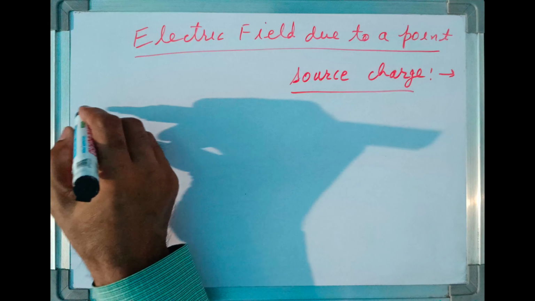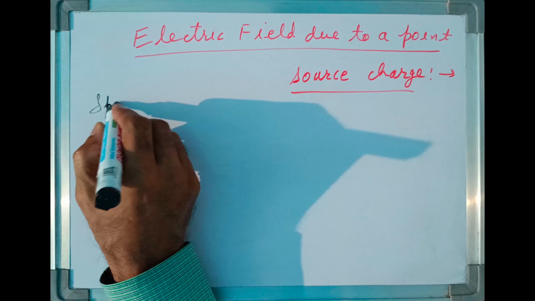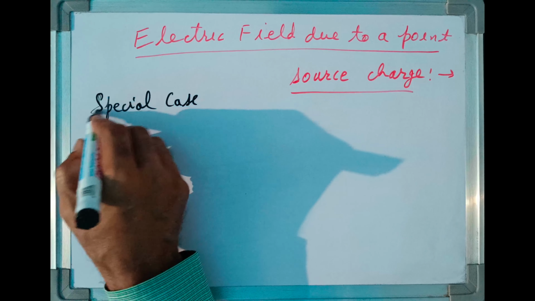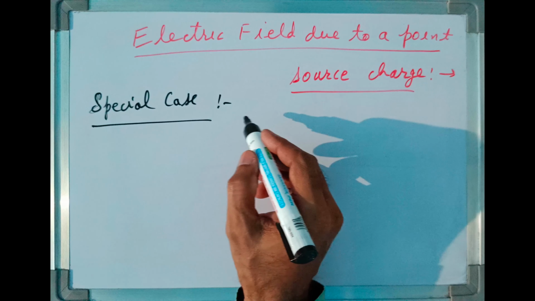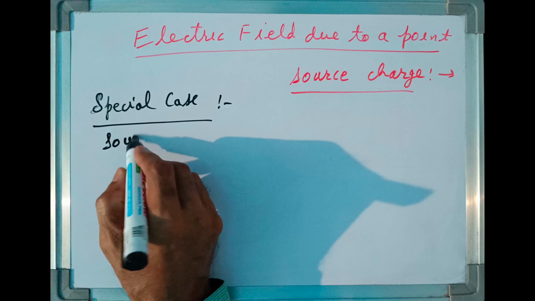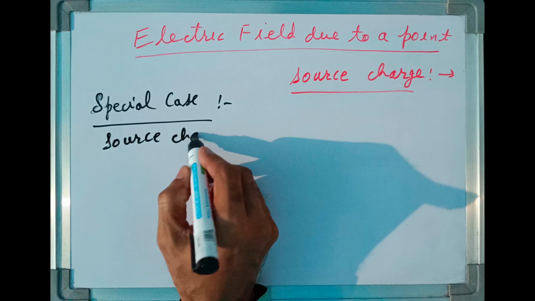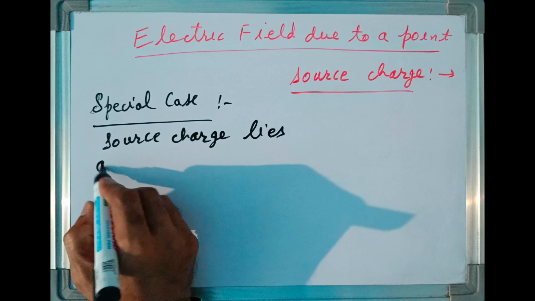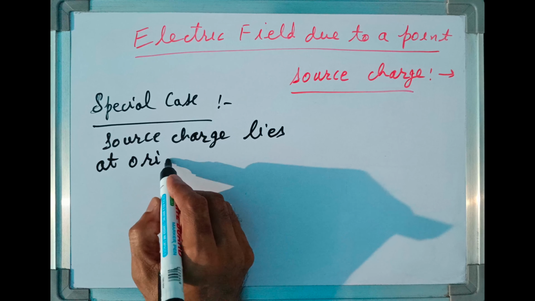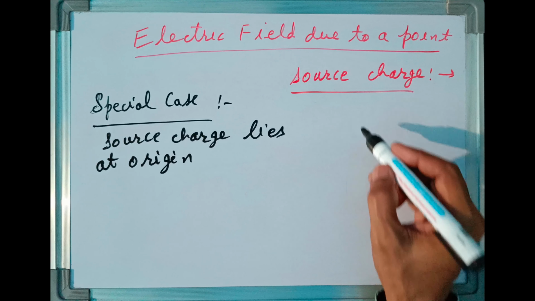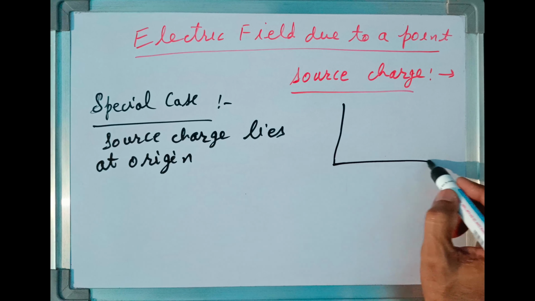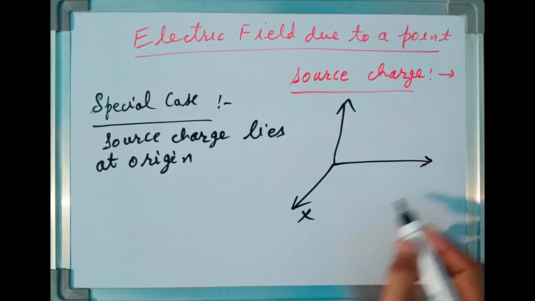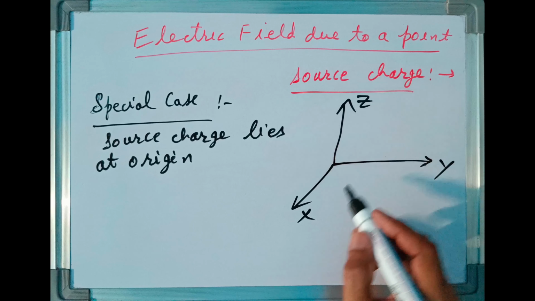Now let us take a special case in which source charge lies at origin of coordinate system. Let me again draw the diagram. This is coordinate system, x-axis, y-axis, z-axis.